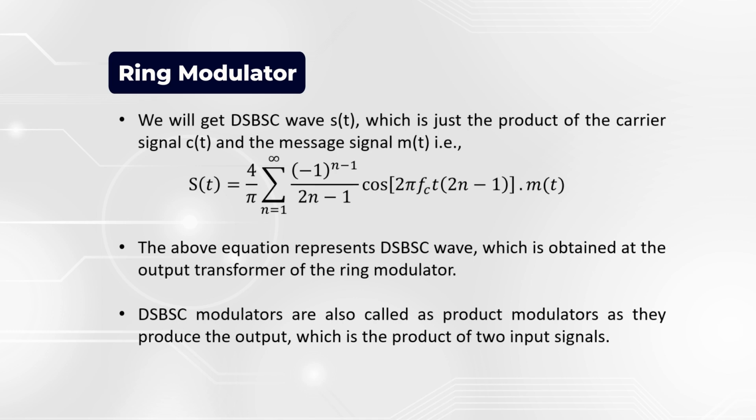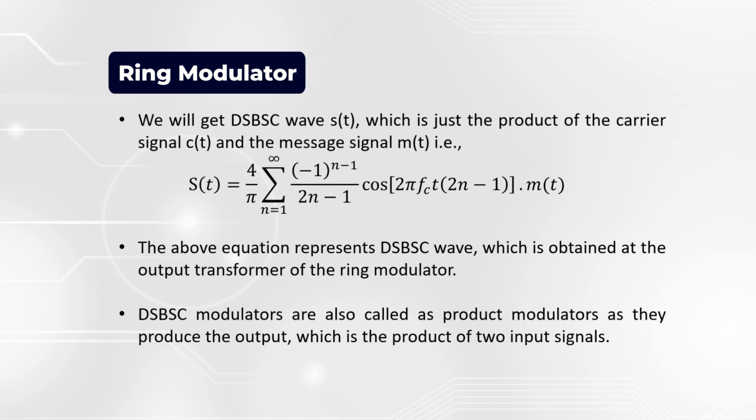Then the DSB-SC wave will be s(t) equal to 4 upon pi into summation n equal to 1 to infinity, (-1) to the power n minus 1 divided by 2n minus 1, into cos 2 pi fc t (2n minus 1), whole multiplied by m(t), where m(t) is the message modulating signal.